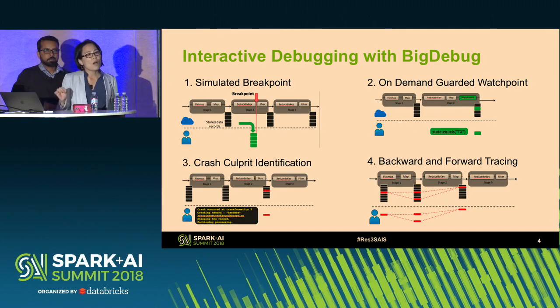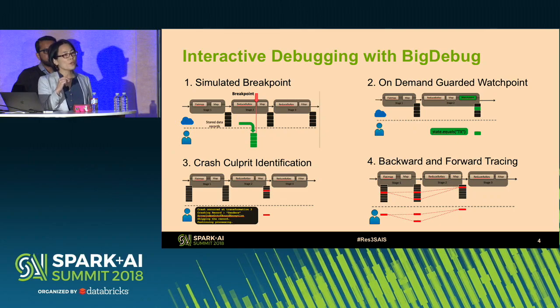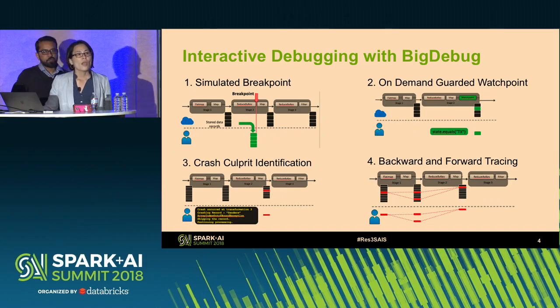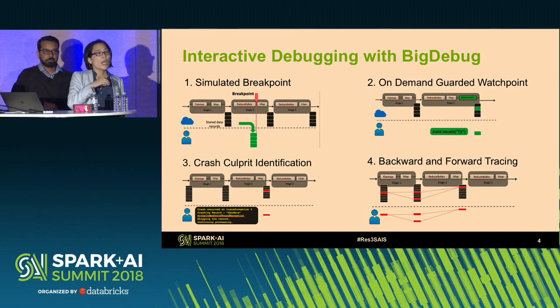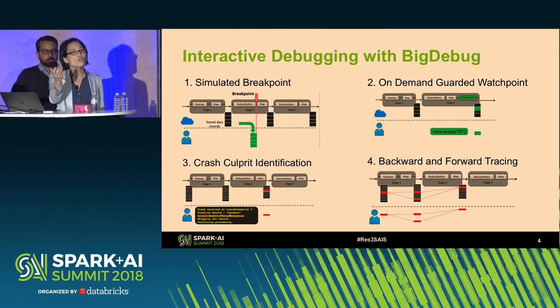The reason it's hard is that when these big data analytics applications are running on the cloud, we cannot just pause the computation, because it interferes with the performance and throughput of the entire cluster. And also, it's difficult to inspect the terabytes of data flowing through a particular watchpoint or variable, because there is literally terabytes of data, and it doesn't make sense to ship that data to a local computer.